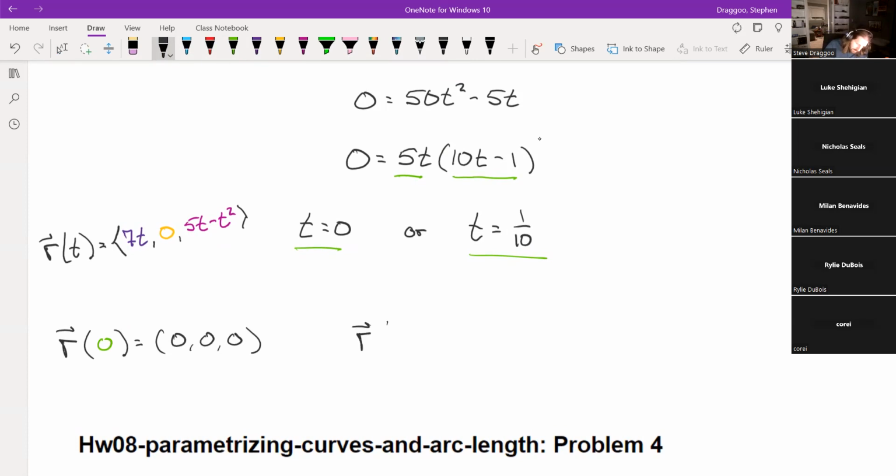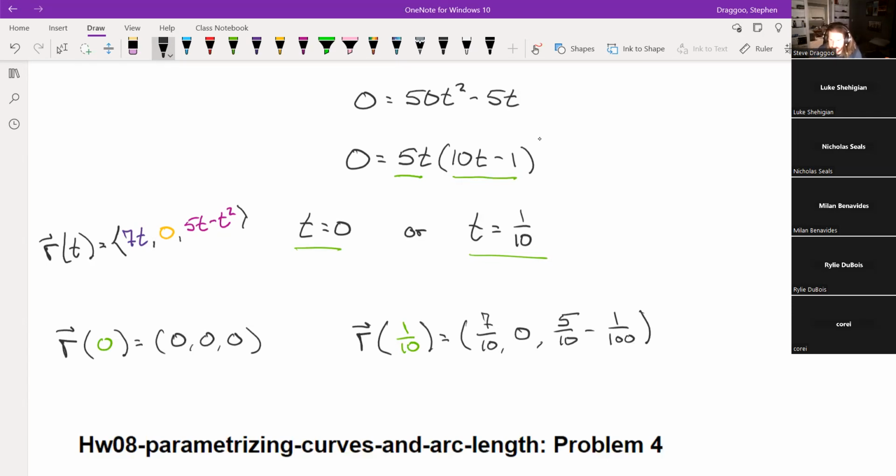And then I also need to plug 1/10 in for t. And that'll give me the vector 7 over 10, 0, and 5 over 10 minus 1 over 100. Oh, but this is a point, not a vector, so I'll use parentheses.